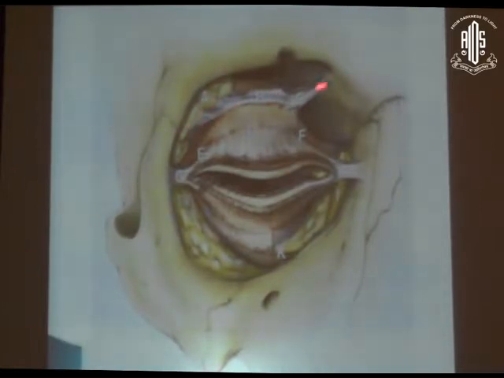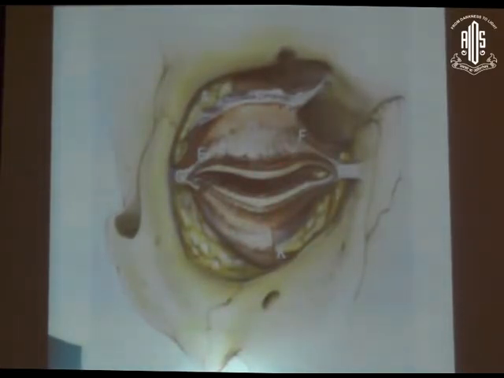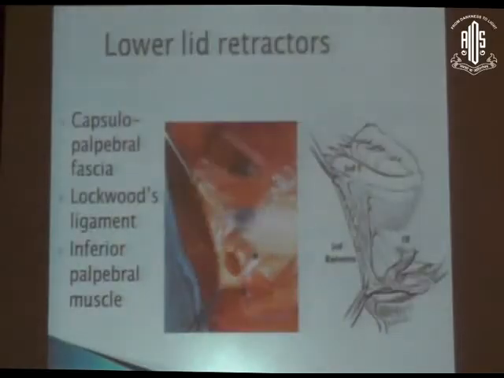It forms a very important surgical landmark again in ptosis surgery. And the Muller's muscle is present below the levator palpebrae superioris muscle and is attached to the conjunctiva. Muller's muscle, as we all know, adds 2 millimeters of elevation.